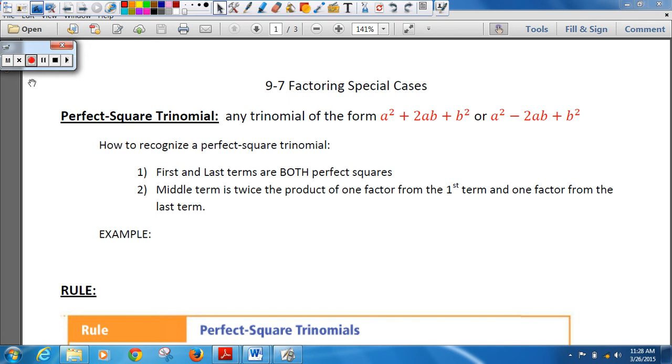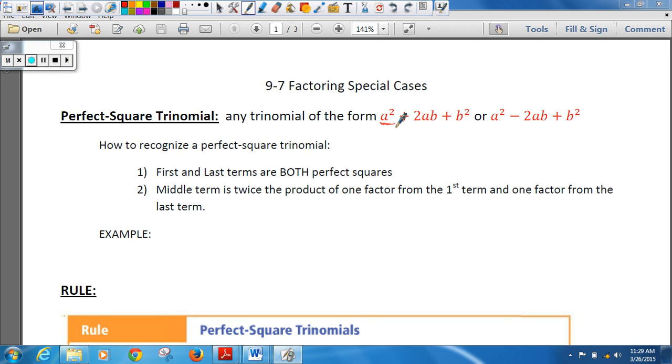square trinomial. So remember, a trinomial means that it's going to have three terms, and perfect square means that the first part and the last part, so A and C, are going to be perfect squares. So if I look here, it says the first and last terms are both perfect squares.